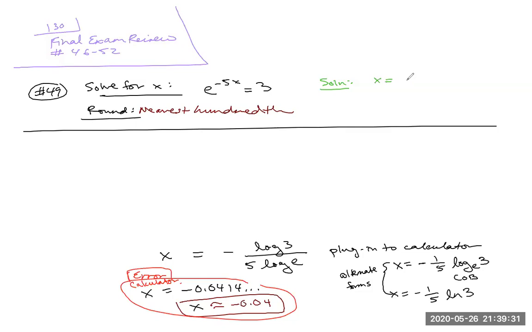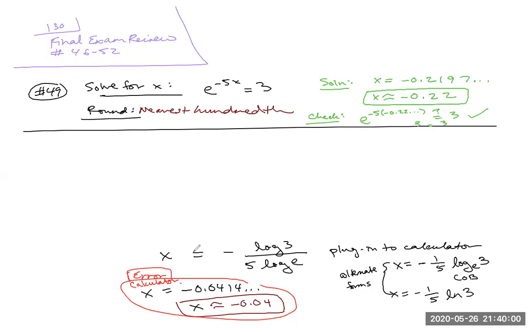X is going to come out to be negative 0.2197 and some change. So x will be approximately negative 0.22. And when I check, by putting e to the negative 5 times my negative 0.22 and change, it does come out to 3.